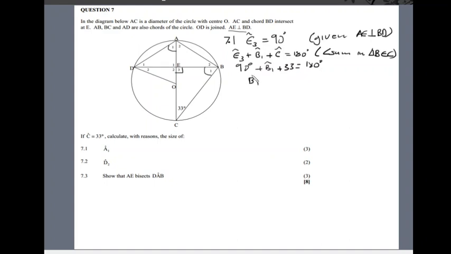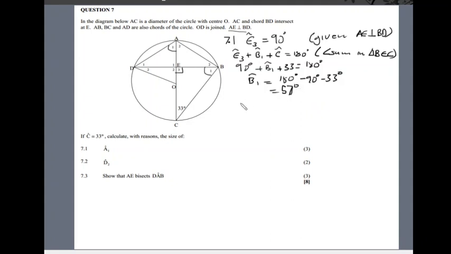So B1 will be equals to 180 minus 90 minus 33, right? So 180, okay, nangipressa ku calculator straight away ngithola ukuthi B1 is 57 degrees, right? So here we have 57 degrees, right?